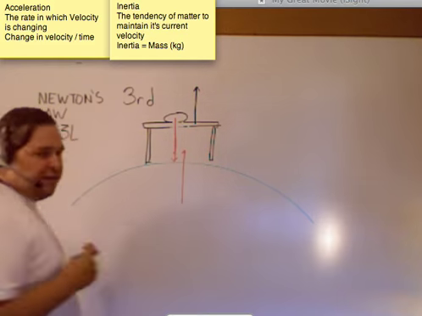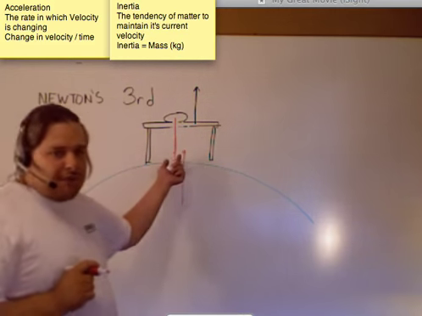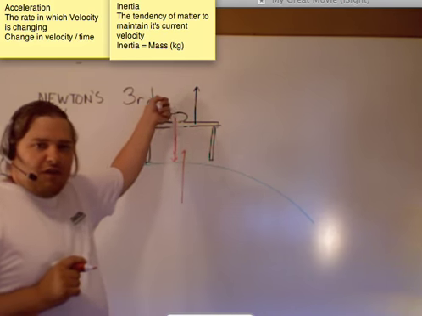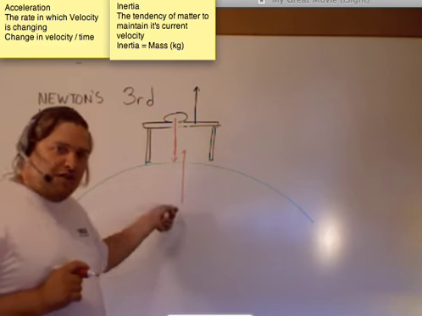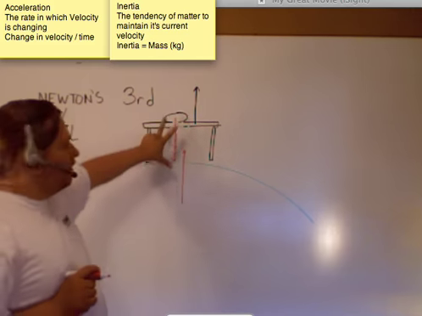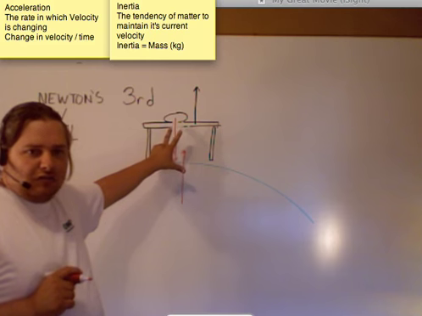Okay? That's a pair. Same type of force. Gravity is pulling the stone down. The earth is being pulled up by gravity towards the stone. That's the interaction there.